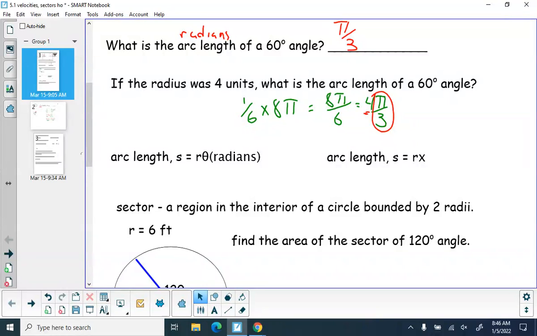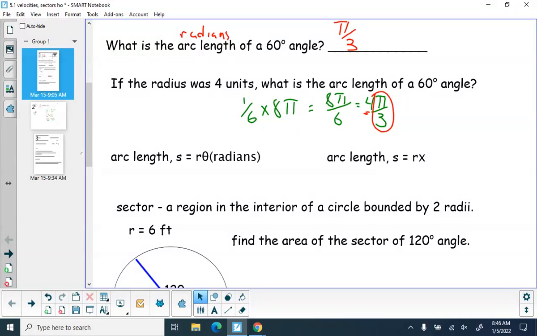When dealing with a sector, and like I said, these are two things that this whole section that we're going through today, we didn't go through in trig class. So this is not an actual trig class type of thing. This is something that's additional to what we do in trig.